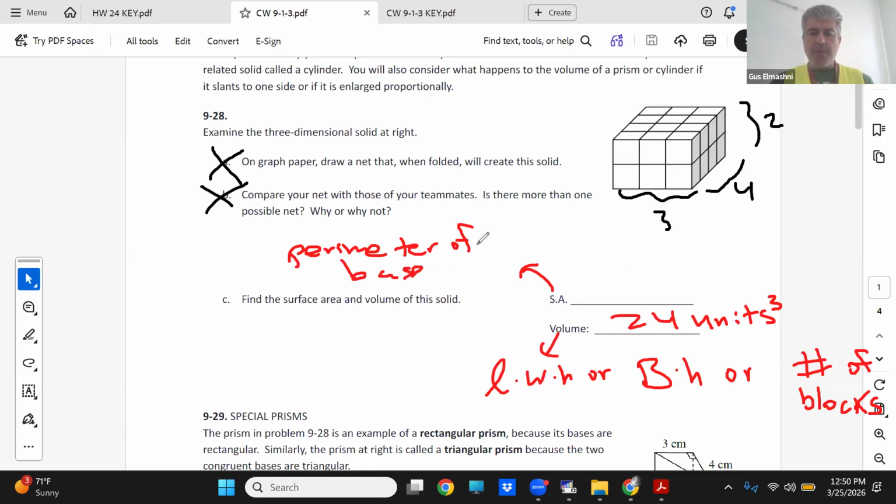Let's keep it simple. So if we're efficient about it, what shape is the base of this solid? And what are the dimensions of that rectangle? So what's the perimeter then? 3, 4, 3, 4. What's 3, 4, 3, 4? Good, 14. And then times the height.